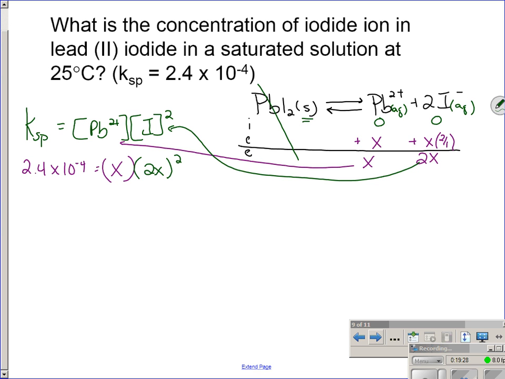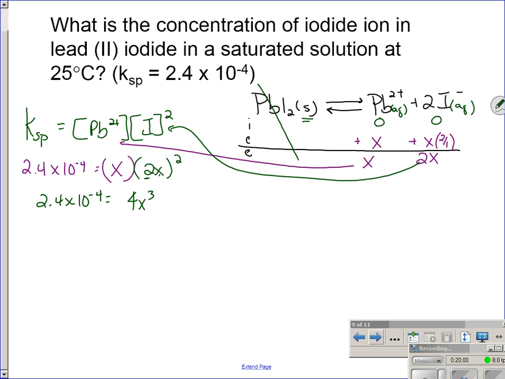If we solve algebraically, 2.4 times 10 to the negative 4 is equal to 4x cubed. So if you don't remember the algebra of how to get there, you have to square the 2. So 2 squared is 4, x squared is x squared. 4x squared times x is 4x cubed.